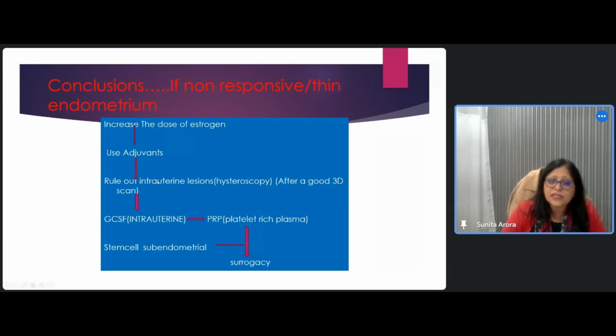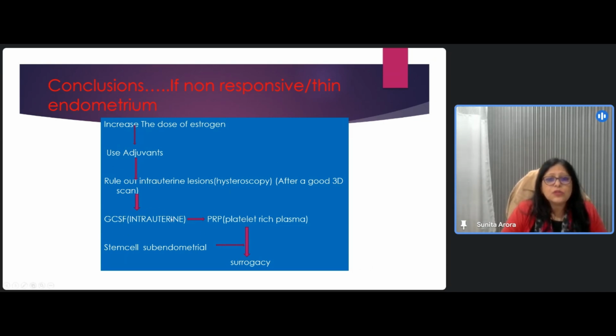In cases of tough endometrium, endometriums which are not coming up in spite of all of your efforts, in around 16 to 20% of the cases you will definitely find something inside the uterus when you put in an endoscope, even if your 3D ultrasound says that uterus is absolutely fine. So I'm very liberal putting in a hysteroscope and checking the cavities.